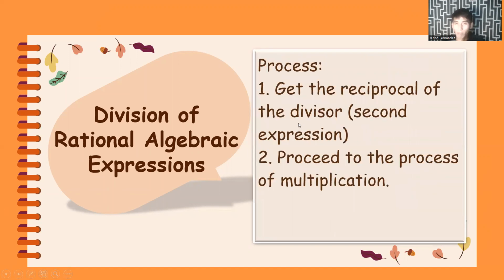This is the process. Get the reciprocal of the divisor or the second expression. Pabaliktarin lang. And then proceed tayo dun sa process ni multiplication. The process of multiplication: factor out everything, cancel out common, then multiply numerator by numerator, denominator by denominator.